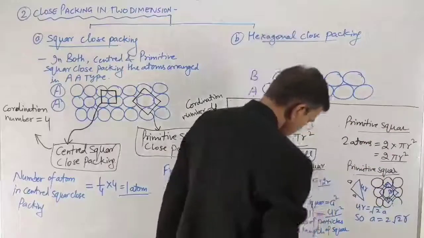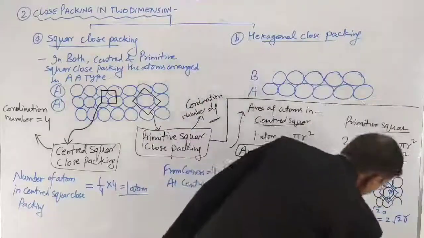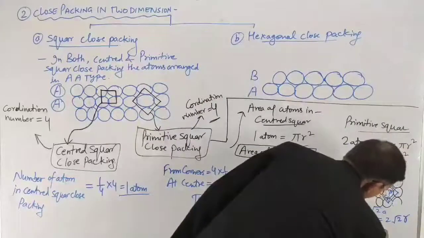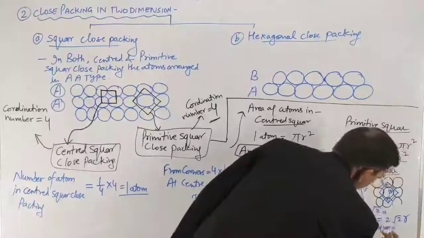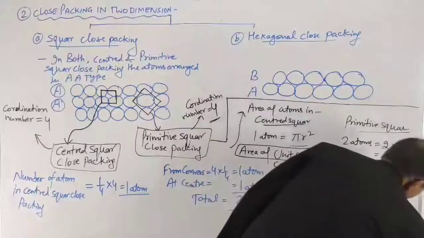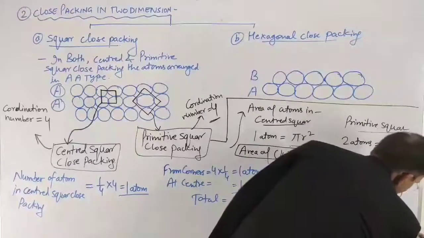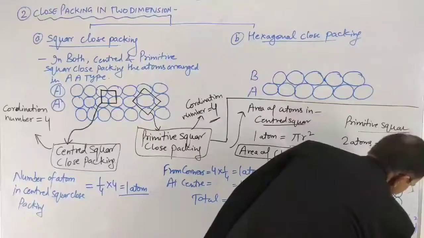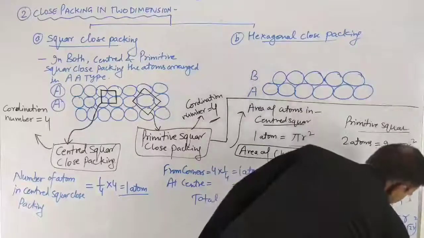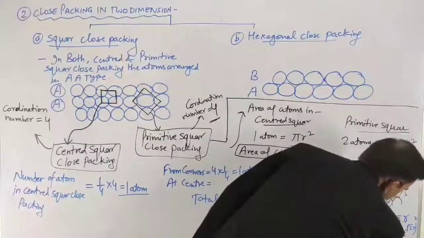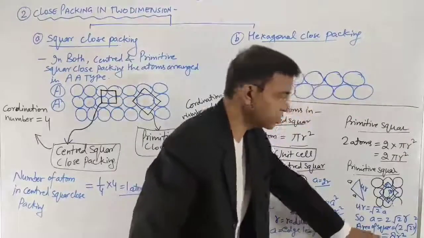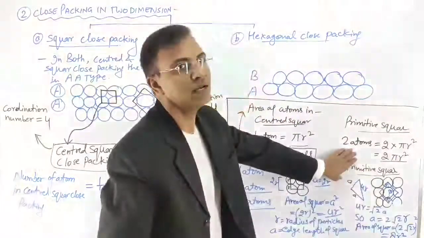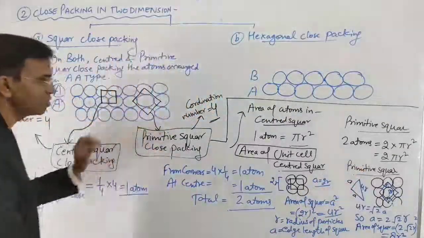So the area of the square is 2 root 2 r square, that will be equal to 8r square, right? So this is the area of the square of the primitive square close packing structure, two-dimensional, right?